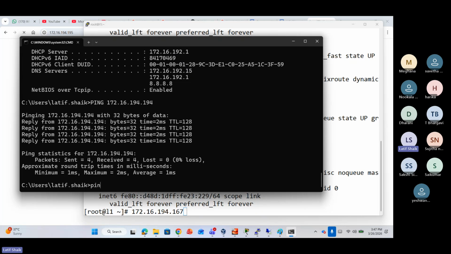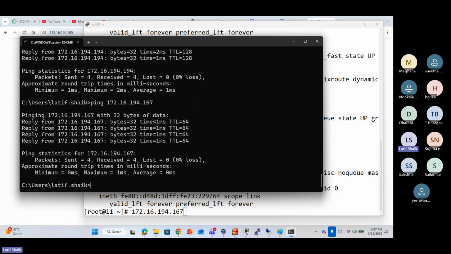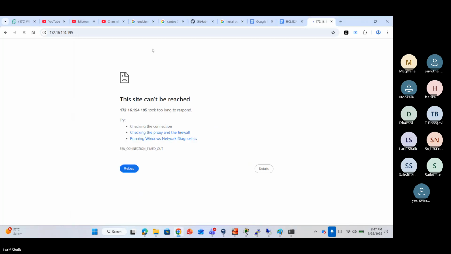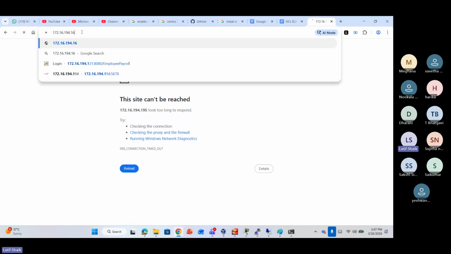Okay. So I'm pinging to 197.194.167. I'm getting a reply from the 167 system, which means my physical system and this Linux system are able to communicate with each other. Good. But what I'm now trying to do is access a website from it.